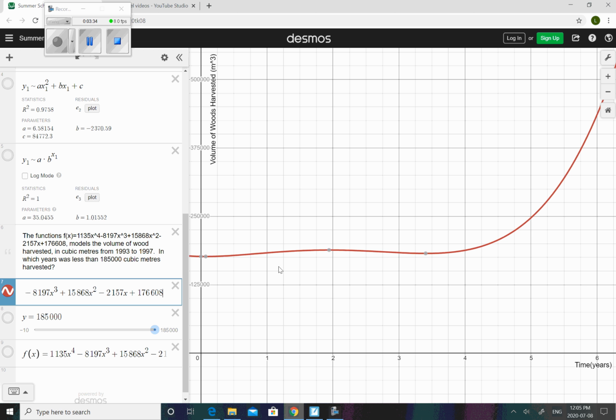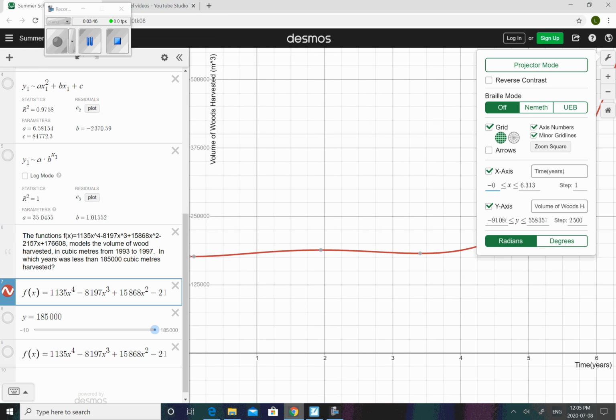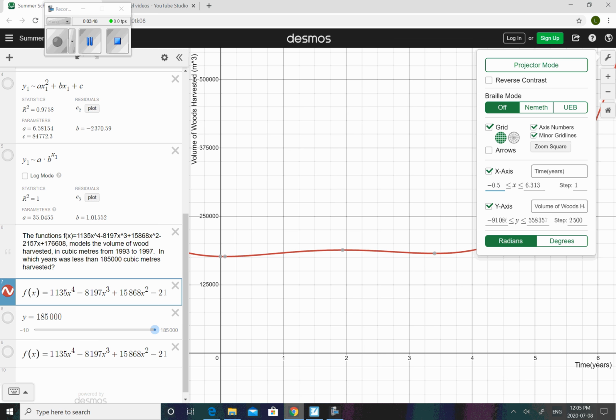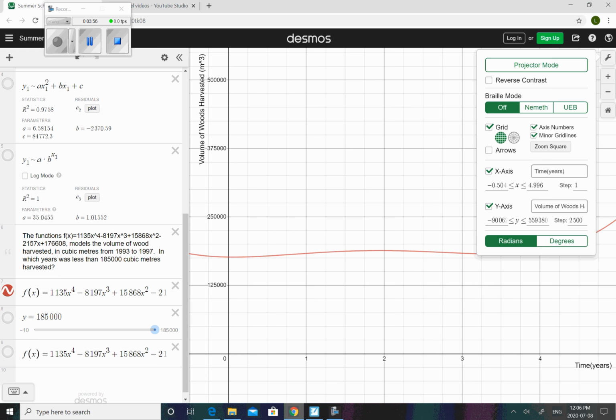And here's the picture that I have. You can see that I did have to go in my window and modify what I can see along the x. So I really only need to see between maybe negative 0.5 so that I can see the 0 clearly, and 5, because I only need to know what's happening between 0 and 4 in terms of the time in years. And the volume is going to be quite large.